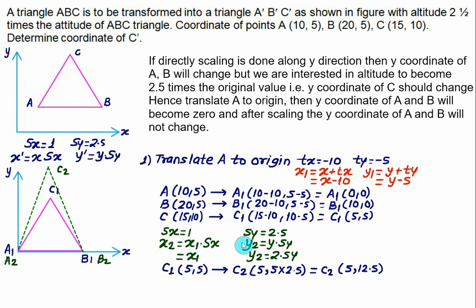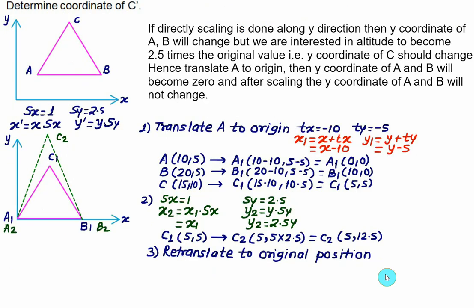Now we have done the translation as the first step. In the second step, we have done the scaling, and finally we'll retranslate it to the original position. To retranslate, you just have to make the signs of tx and ty positive. So we use tx as 10 and ty as 5, and the c2 value 5, 12.5 will become c prime, which is 5 plus tx, that is 10, and 12.5 plus 5.